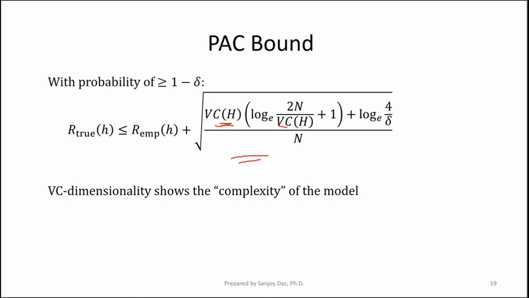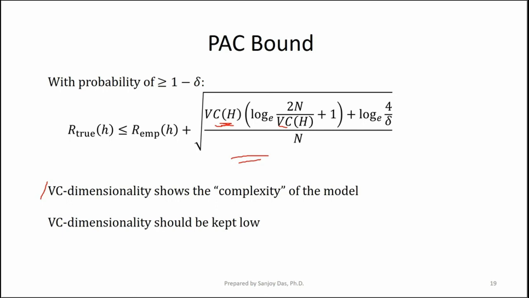Therefore, we should keep the VC dimensionality as small as possible, because it reflects the complexity of the model, and we also know from the bias variance dilemma that the more complex the model is, the more the variance of the model. It becomes more sensitive to small quirks or oddities in the finite set of samples. And the VC dimension is to be kept as low as possible.